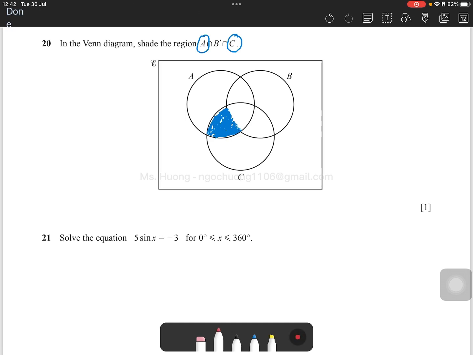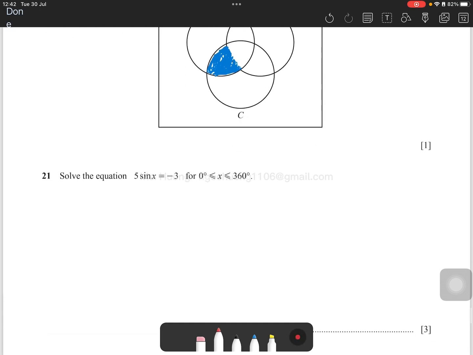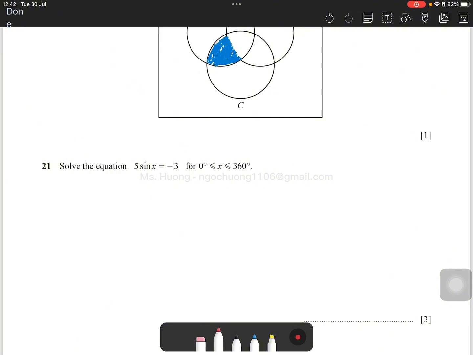Question 21. Solve the equation 5 sin x equals negative 3 for x from 0 to 360 degrees. First, I will divide both sides by 5. So negative 3 divided by 5 is negative 0.6. From this, we see that x is the inverse sin of negative 0.6.